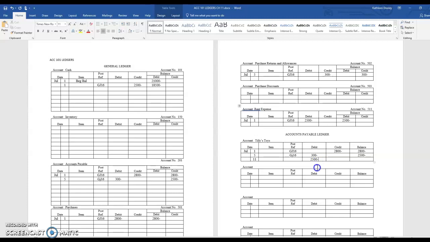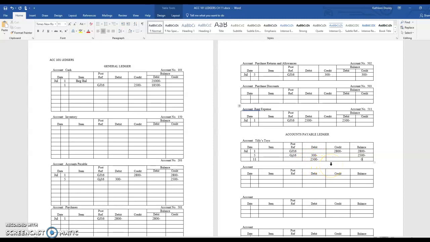Credit and debit is subtract. $2,500 minus $2,500 is 0. It says I owe Tilly's Toys nothing. Does that make sense to you? Yes, it does. I just paid them off. So, of course, my balance should show 0. If you show your balance showing $50 or something else, then you did not debit the correct number.